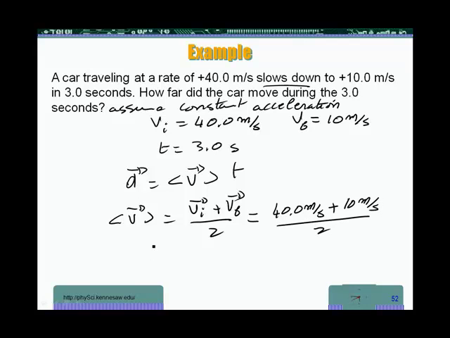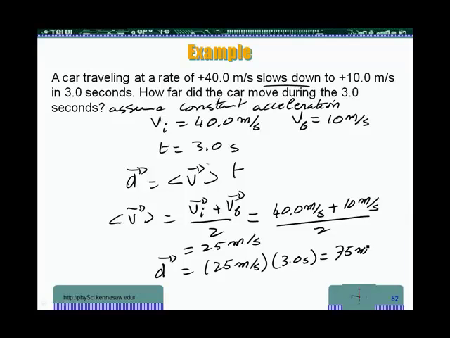So 40 plus 10, 50 over 2, 25 meters per second. So then my displacement is 25 meters per second times 3 seconds. That gives me 75 meters. Seconds cancel out.